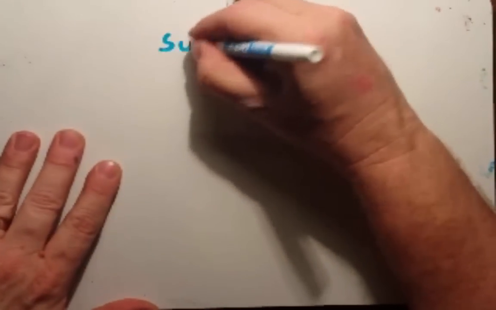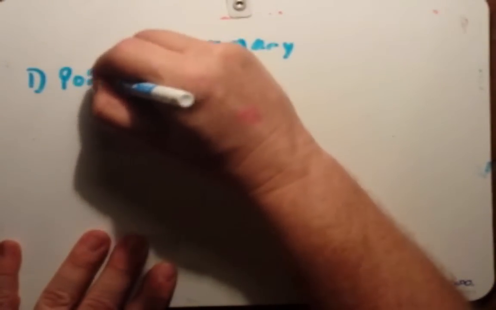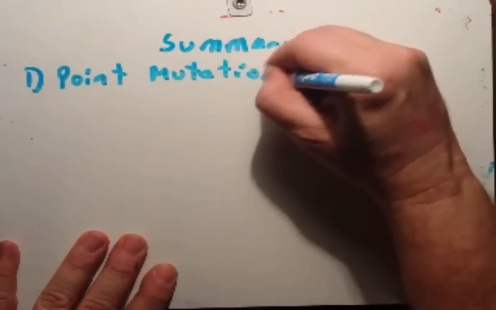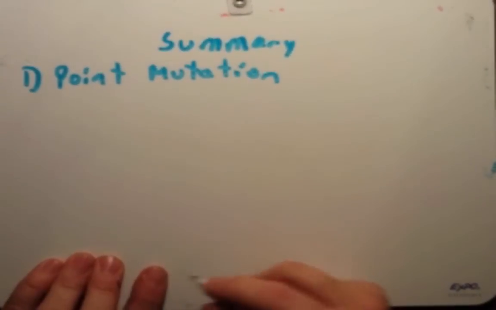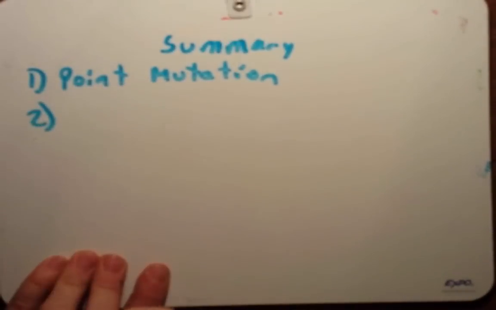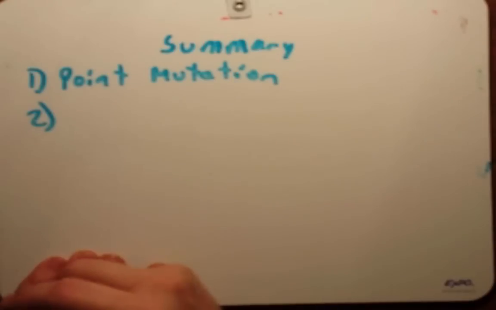So to summarize what we learned here, you should know that point mutations change the nucleotide. They can either be a base substitution or they could be an insertion or a deletion. The effect on the protein can be varied.